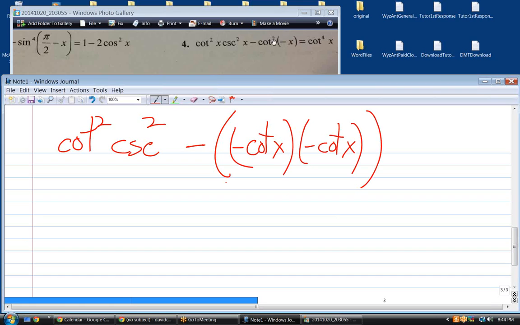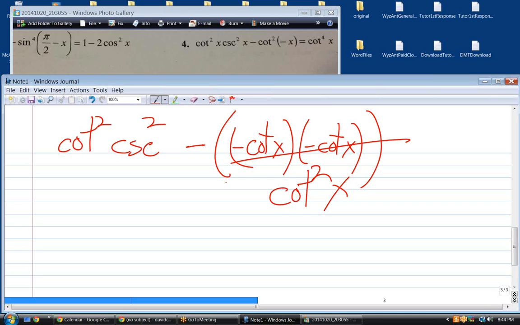In other words, that would normally have been cotan of negative x times cotan of negative x. Well, that's minus cotan of x times minus cotan of x. So this whole thing becomes positive cotan squared of x.